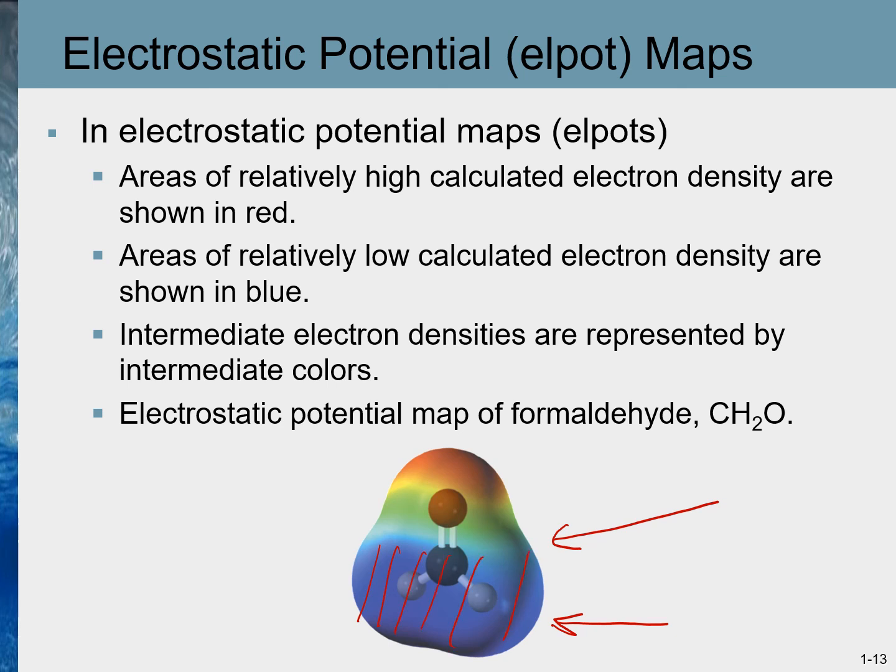This part of the molecule is essentially carbon and hydrogen bonds. The area in red shows the high electron density. So that means that most of the electron density of the entire formaldehyde molecule is concentrated around the oxygen.